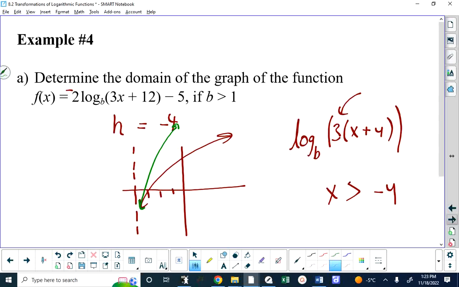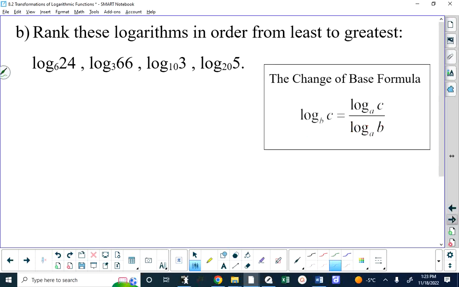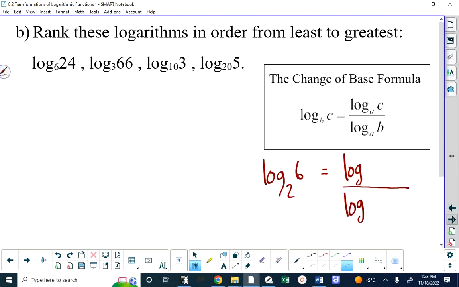Okay, so now we're going to learn about something called the change of base formula. This is on your formula sheet. And it is a way to change any base logarithm to any other base logarithm. So for example, log base 2 of 6, if I want to change it to a base logarithm that I can use my calculator for, I can change it to base 10.